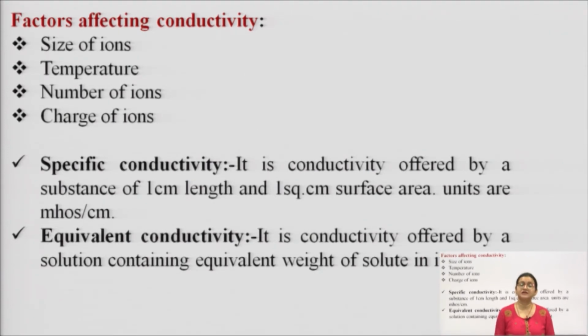So, this all will lead to a change in our result of conductometry measurements. That is why we should know very well the factors which affect conductivity or conductometry measurements.